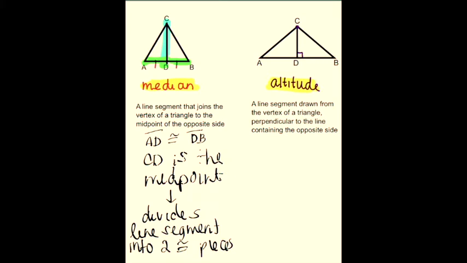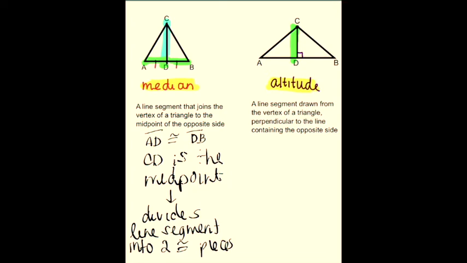It's similar in the fact that it's a line segment that starts from one point, one vertex of the triangle, and continues all the way down to the opposite side. But the difference here is that the altitude, instead of creating congruent pieces, creates a right angle.